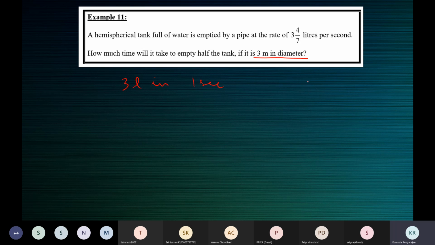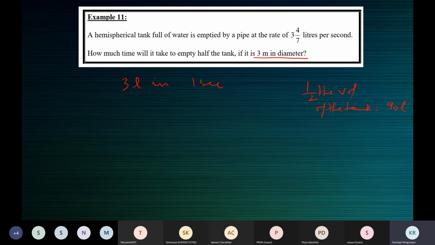And supposing half the volume of the tank is, say, 90 liters. We converted it from meter cube to liters, right?